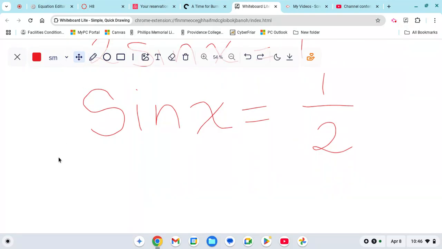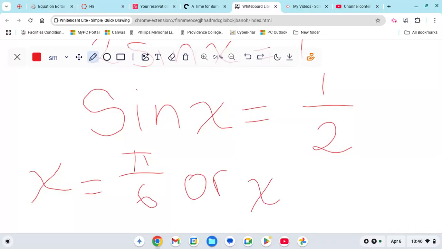Okay, we have 2 answers. X equals, and we just saw it, on the unit circle, x is either pi over 6 or x is 5 pi over 6.